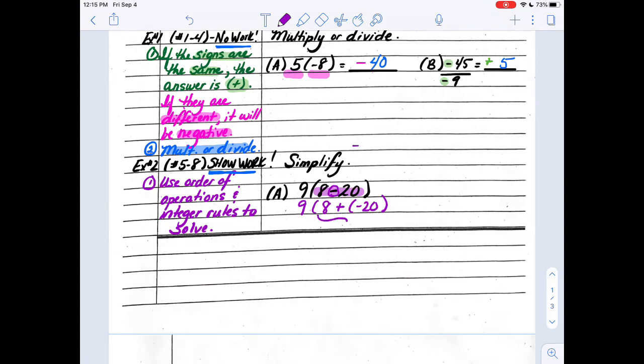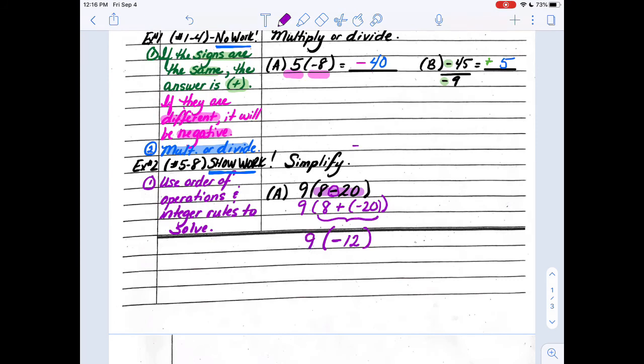While I'm doing those parentheses, I've got more negatives than positives, so my answer will be a negative. My signs are on opposite sides of the number line, so I need to subtract to get negative 12. So 8 plus negative 20 is negative 12.